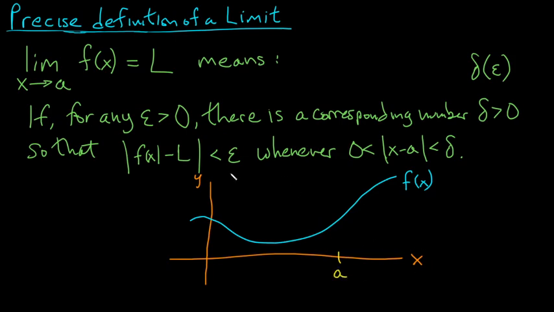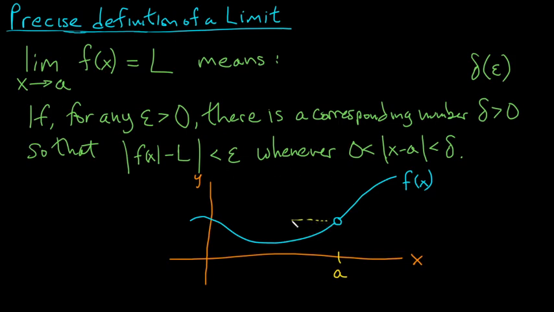So that's my a. And even though f of a is defined here, it doesn't have to be. So I'm going to make a little hole at x equals a, just to emphasize that we don't care what happens when x equals a. We only want to know what happens when we're close to a.